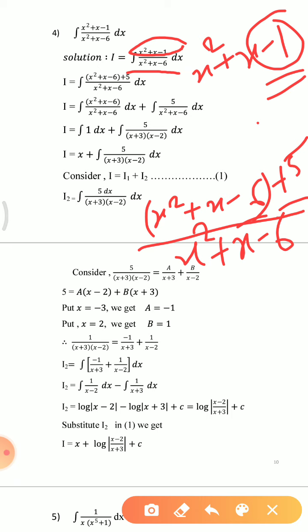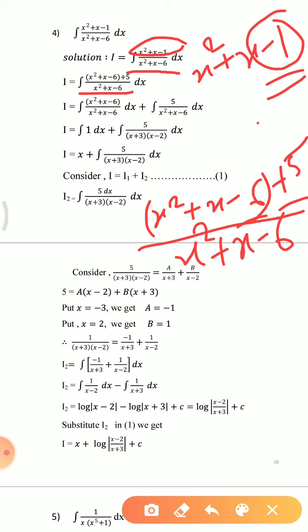After that, integral of (x² + x − 6) in one bracket plus 5, upon x² + x − 6, dx. Then we have to separate the integral. We take x² + x − 6 on one side and separate the denominator also, x² + x − 6 dx.